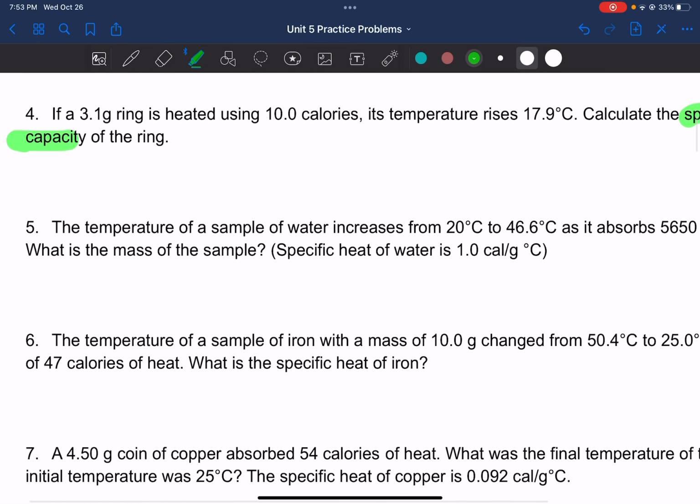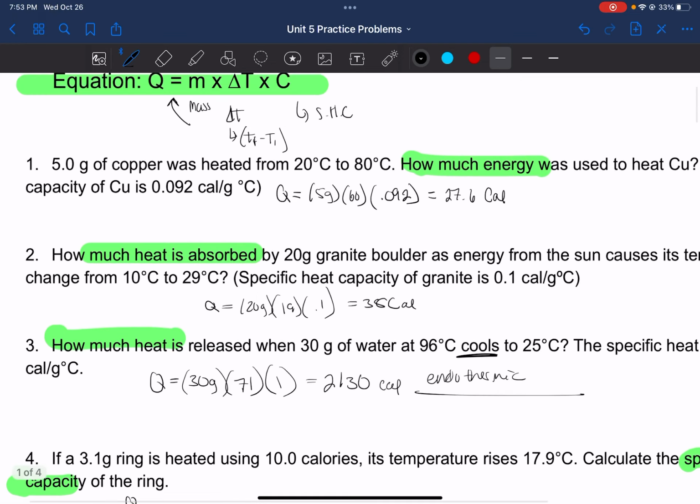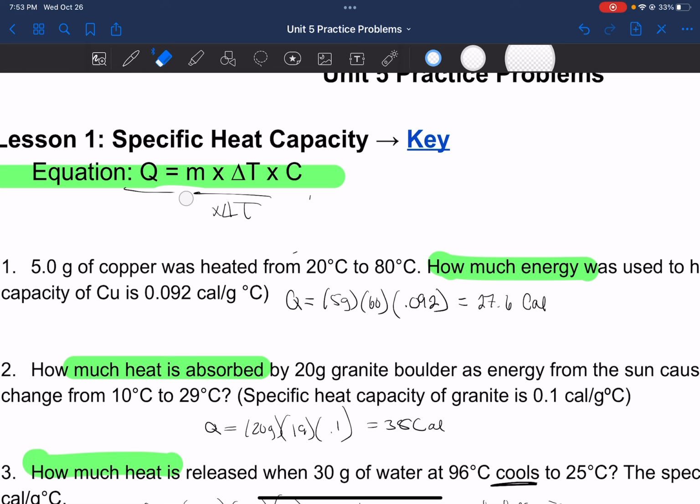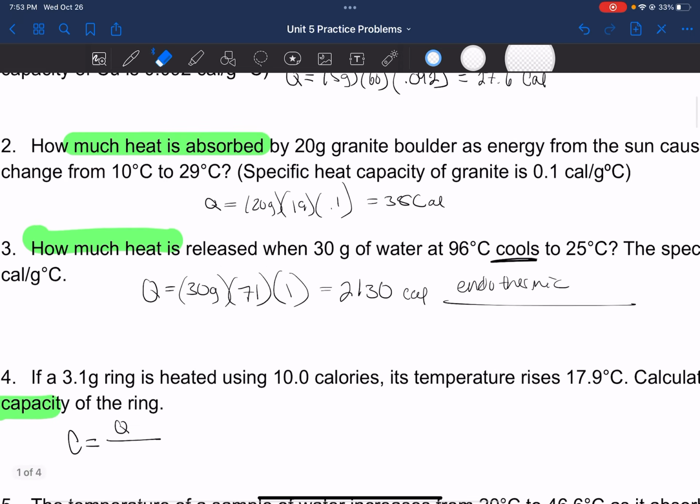Okay. So for this one, it's asking specific heat capacity, which is C. And Q would always be on top. To get C by itself, you need to divide by M times delta T, which would get us C by itself.